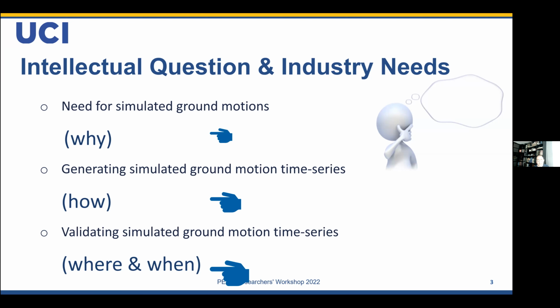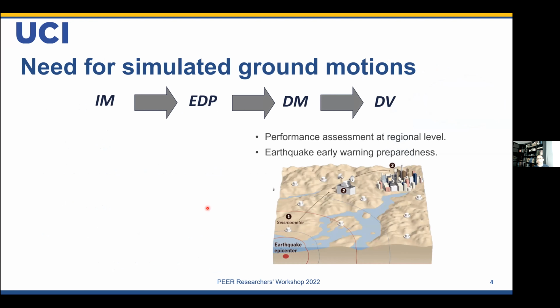So validation, and one of the things that we have heard yesterday and today is always forward-looking. Looking into doing performance assessment, and this can be for the bridge network at the regional level. You can also bring in simulated ground motions for earthquake early warning preparedness. And there are folks in England who have done some work that is related to this.